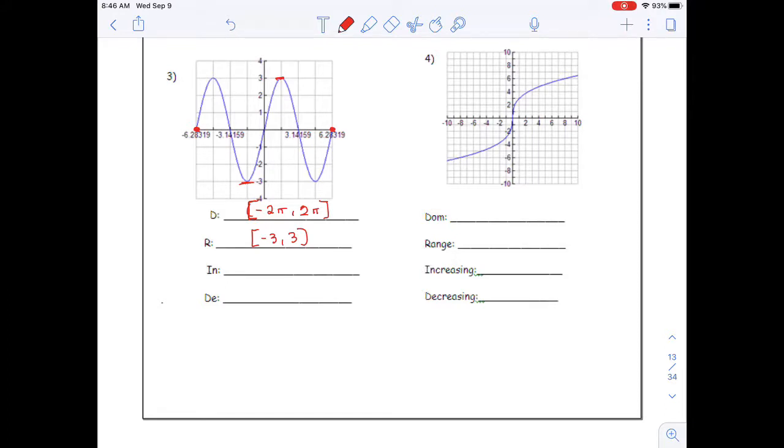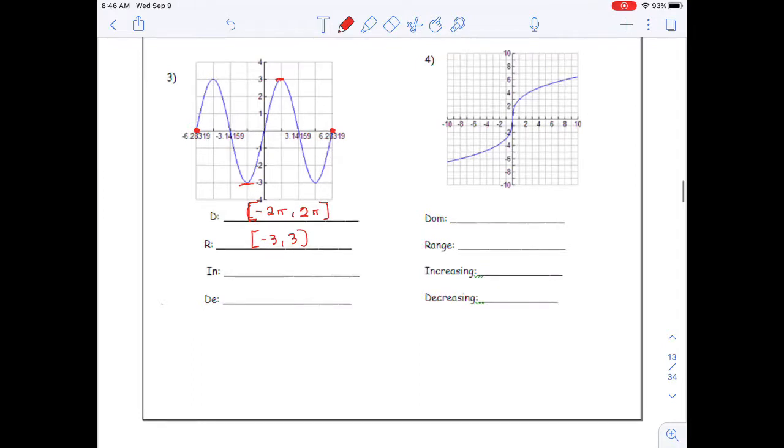Now, the increasing, decreasing part of this is tricky because it keeps going and changes intervals. So we know this is a sine function, and each one of these tick marks would be pi over 2, pi, 3 pi over 2, and 2 pi.